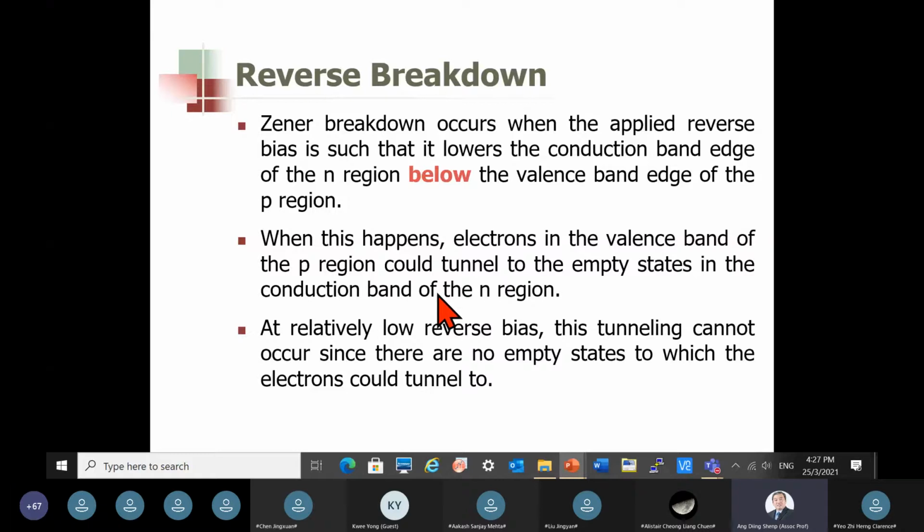Okay, so when this happens, electrons in the valence band of the P region could quantum mechanically tunnel to the empty states in the conduction band of the N region. All right, now if the reverse bias is too low, then the tunneling cannot happen because there are no empty states for the electrons to tunnel to. Okay, so we discussed that just now.